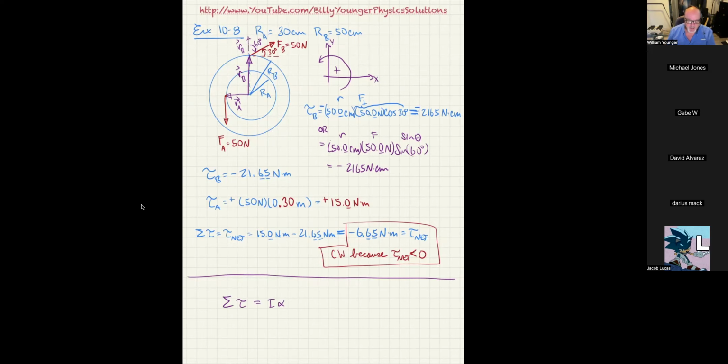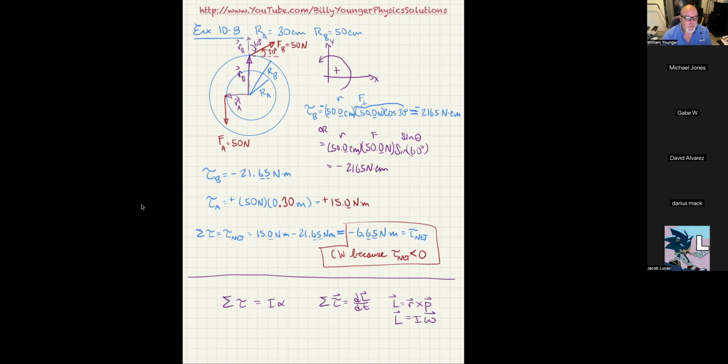Of course, we could also generalize it to say the summation of the torques is equal to dL dt, and L is equal to R cross P. But L is also equal to I omega, where omega is that pseudo vector we talked about earlier. So those are all things we can use.